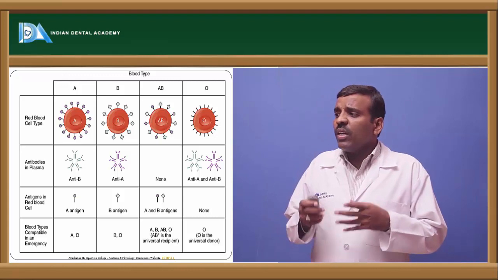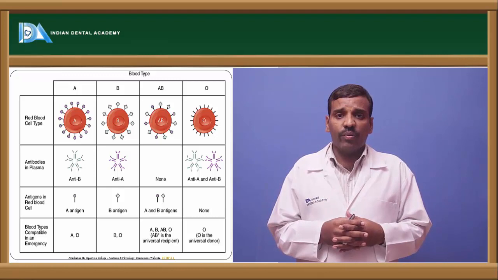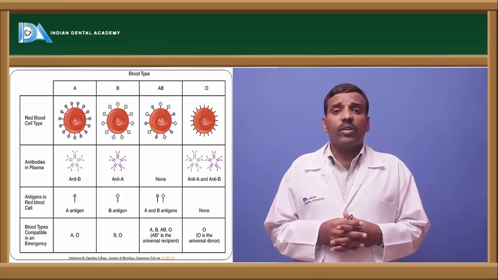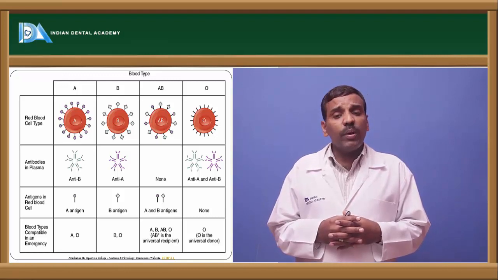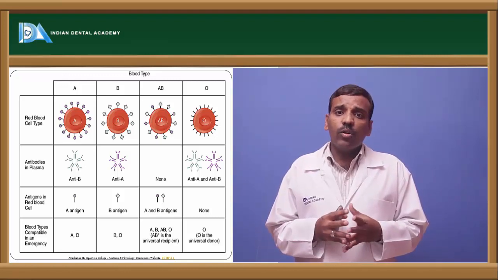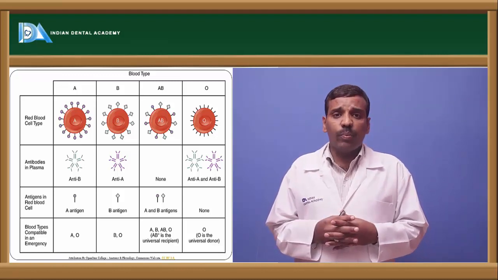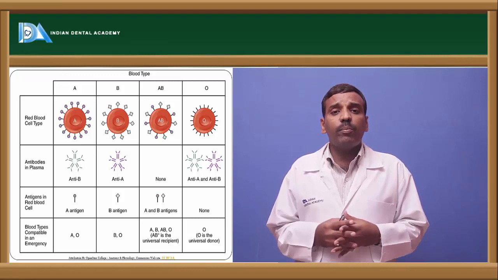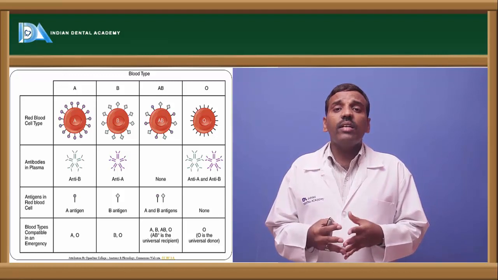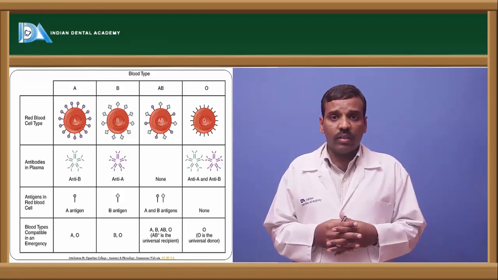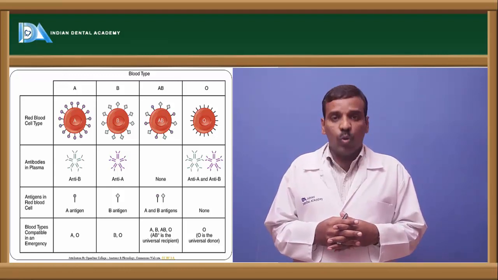And if you see the donation and receiving of blood, an A group person can donate blood to the A group and the AB group, and these people can receive blood from the A group and the O group. The B group can donate blood to the B group and AB group, and can receive blood from the B group and O group.